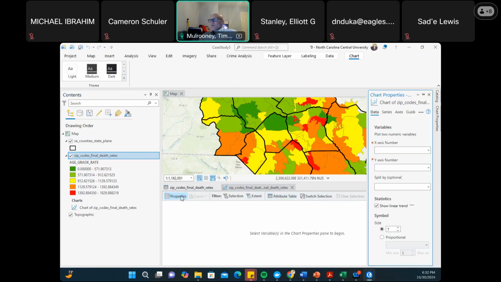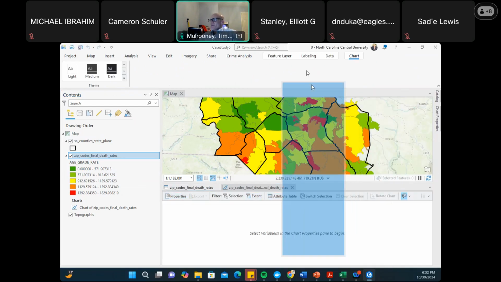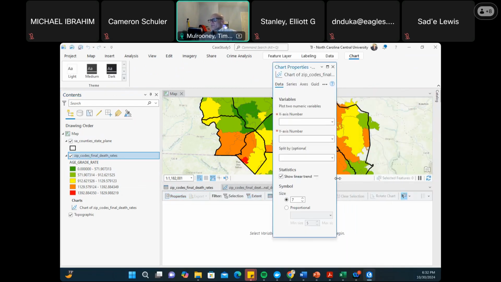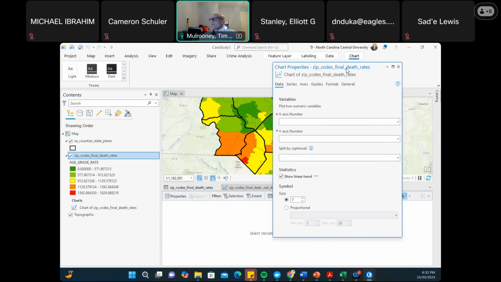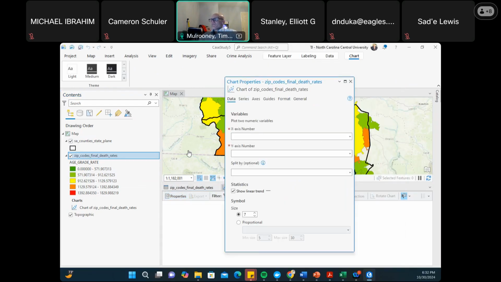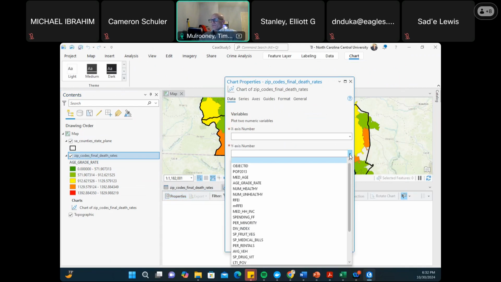And I'm going to click on the properties. And so we have our x-axis and our y-axis. And we're going to show some really neat things right here. And I want to explain one using the other. I want to say that, I don't know, this is pretty simple one.